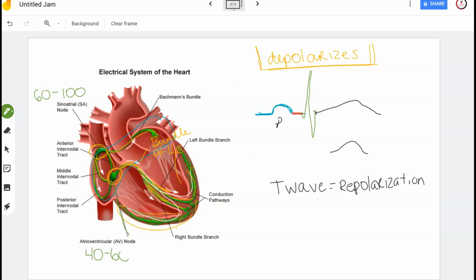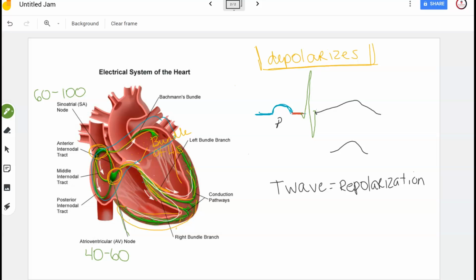Okay, it's your backup mechanism to make sure that you don't die if something happens to your SA node. Could be a number of different things that cause your SA node to not function appropriately. Could be drug related, like medications. It could be ischemia related, hypoxia related, any number of things.